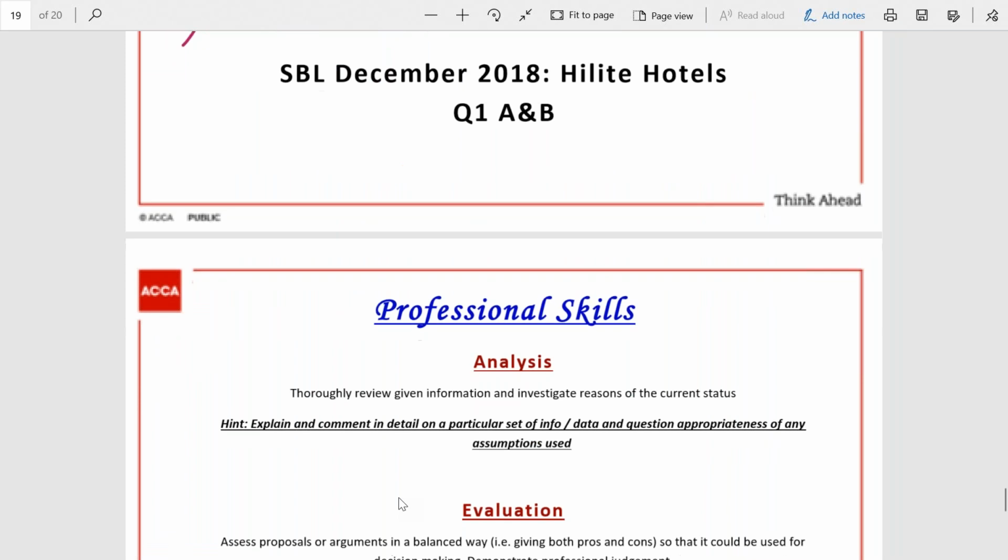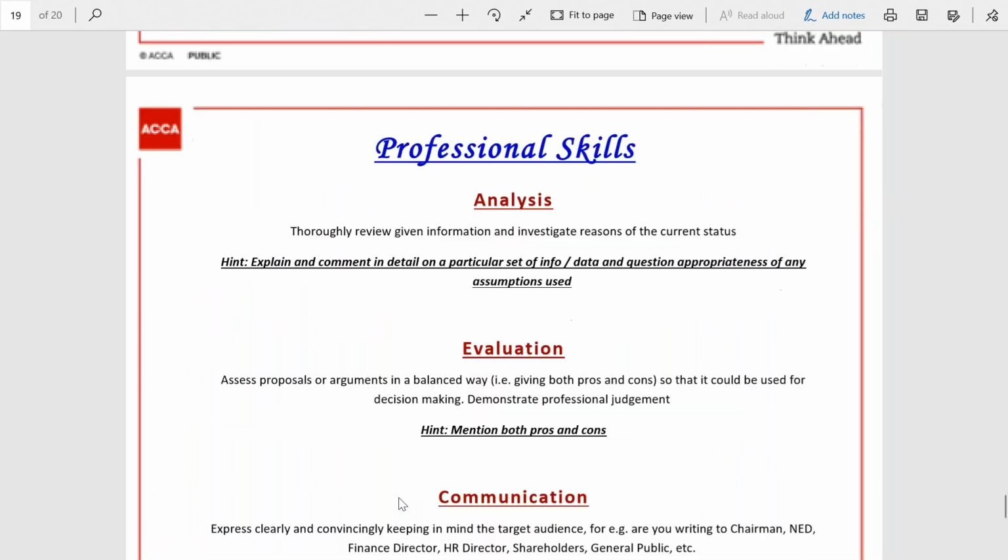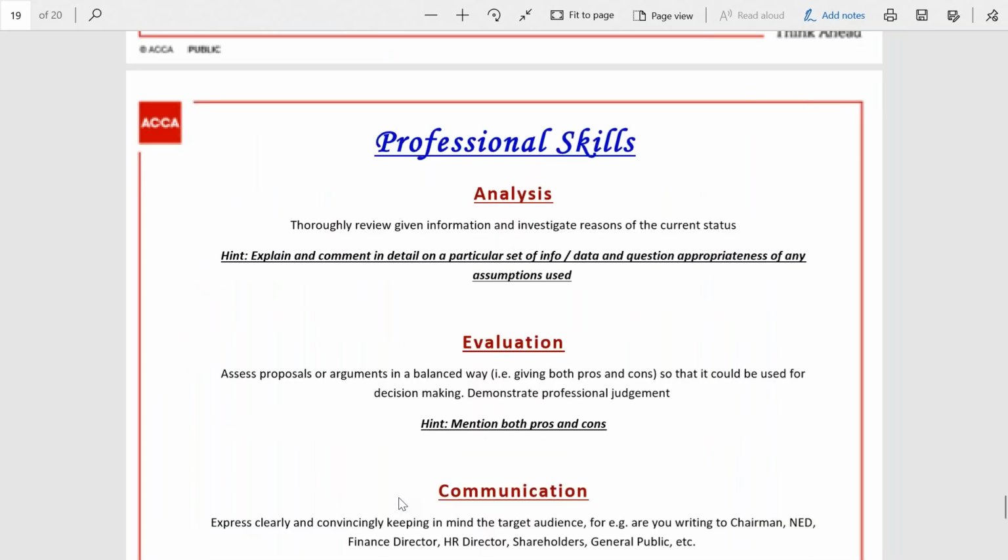So professional skills are okay. In this particular question, we are required to demonstrate analysis skills and evaluation skills. Analysis skills is simply that you thoroughly review the given information and investigate the reasons for the current status.